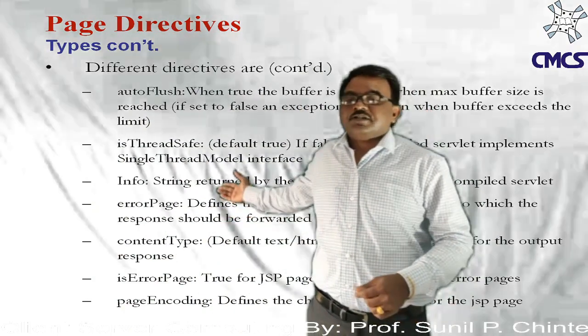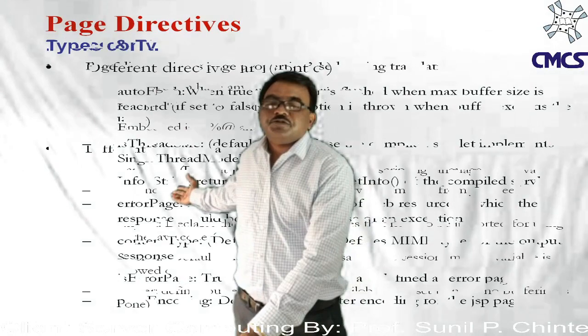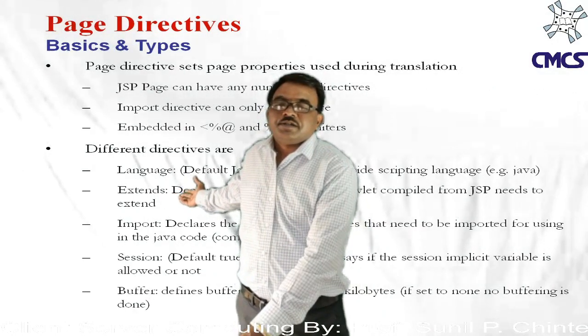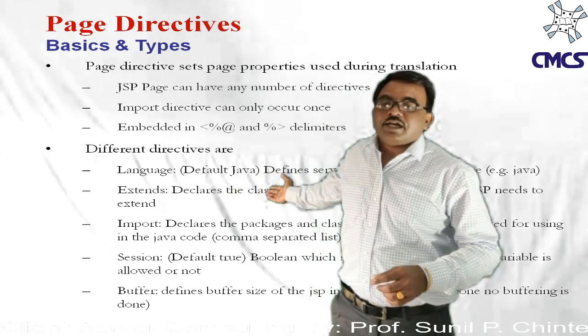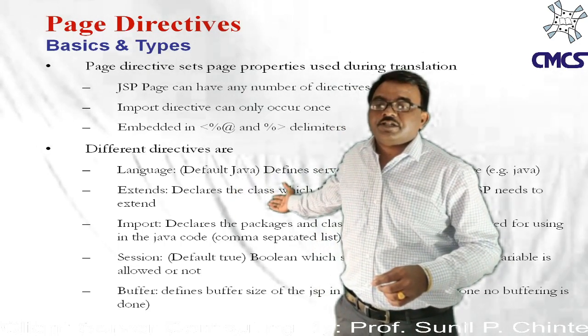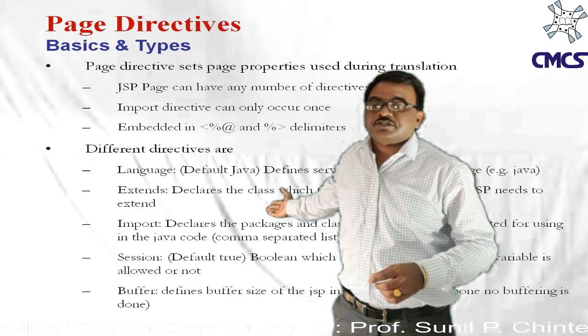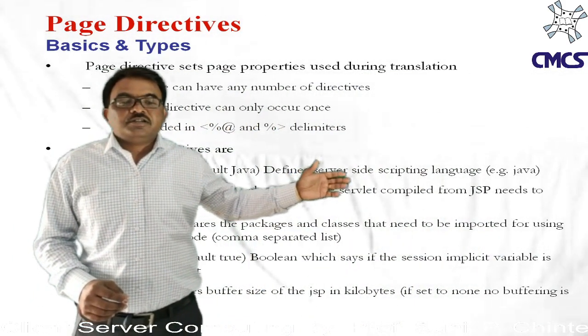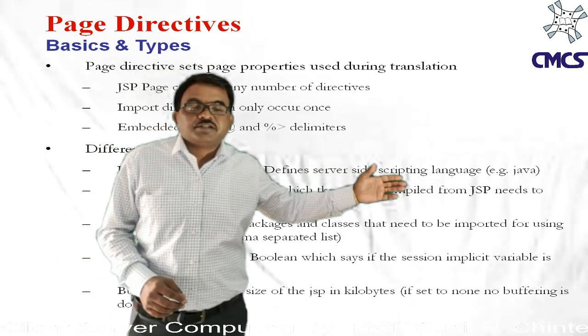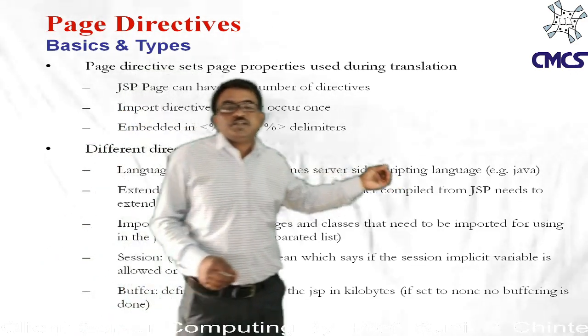Different directive attributes, as I already told you in the first slide, are the language, then extends, import, sessions. The language property defines the server-side scripting language. Here in JSP we will use Java.